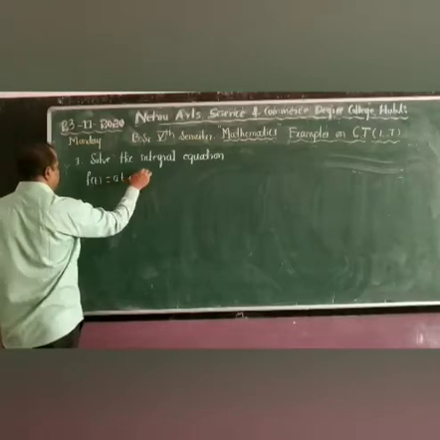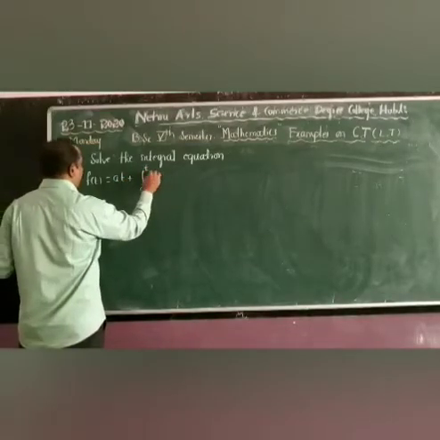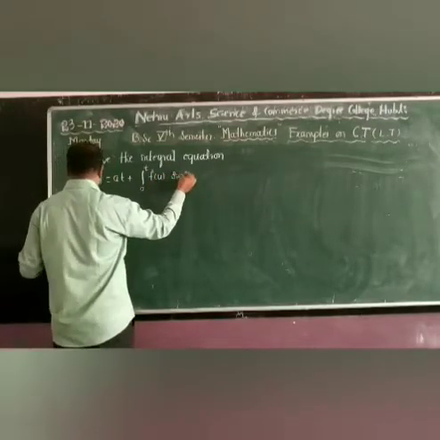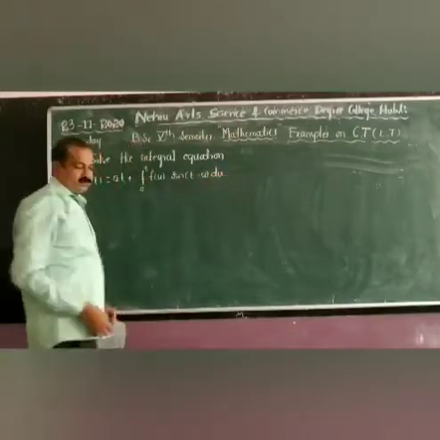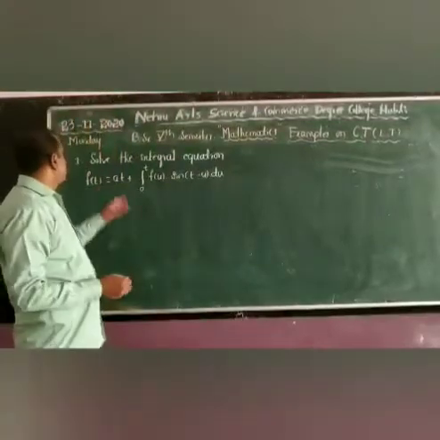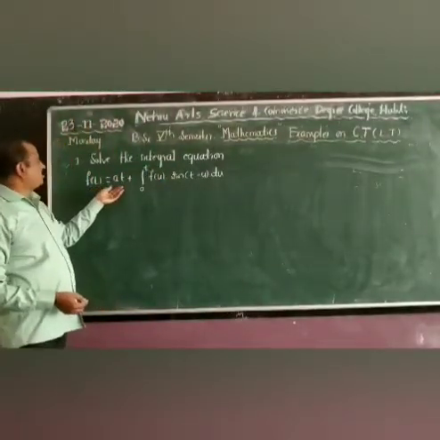Solve the integral equation f of t is equal to a into t plus integration from 0 to t f of u into sine of t minus u du. This equation is called an integral equation because this expression contains a term with an integration.